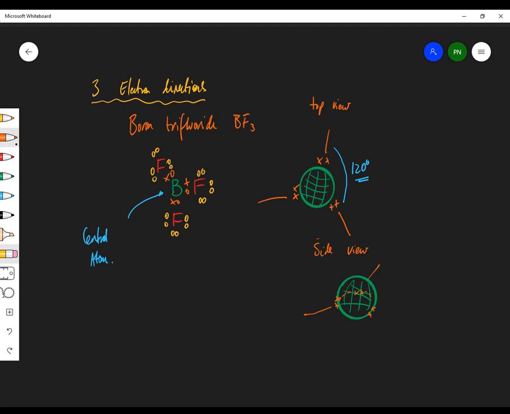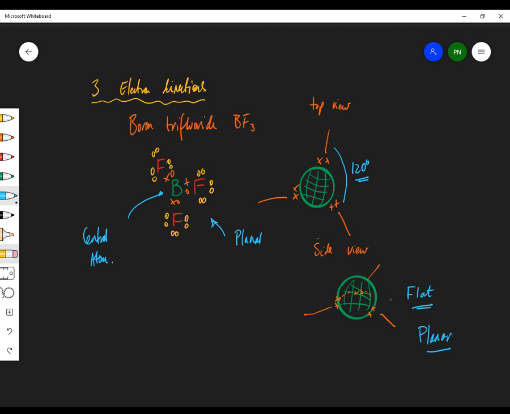So the side view, even though it's hard to see from my awful diagram, is going to be flat. From the top view, it looks like this thing with the bond angle of 120, but from the side view, it's flat. And things that are flat in chemistry, we call planar. So the boron trifluoride molecule is planar.